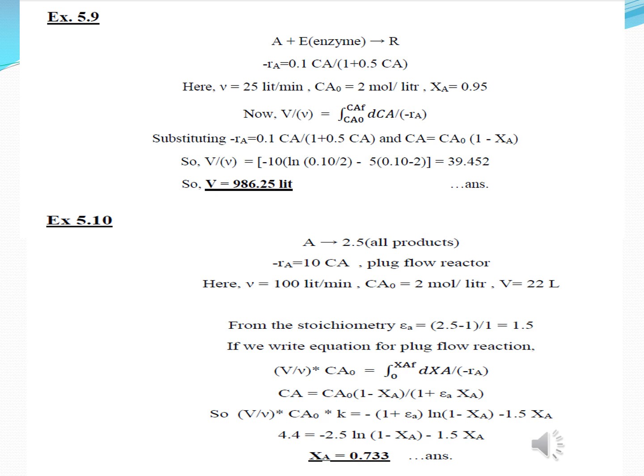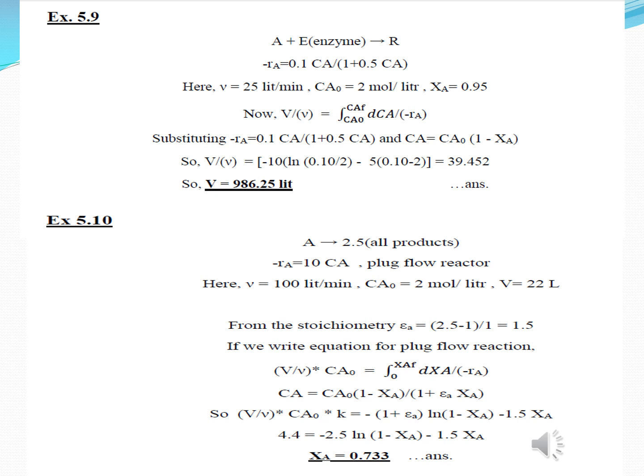V by V naught times Ca naught gives the integral from 0 to XAf of dXA over minus rA. Opening this, we get Ca equal to Ca naught times (1 minus XA) over (1 plus Epsilon A XA). This is the relation between Ca and XA. We insert this value here and end up with this expression.